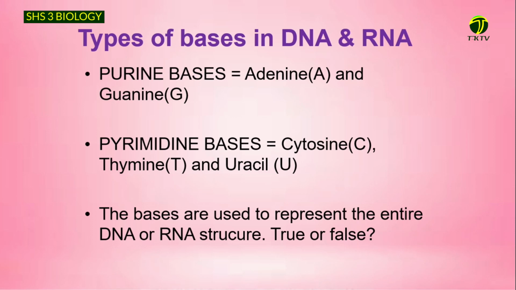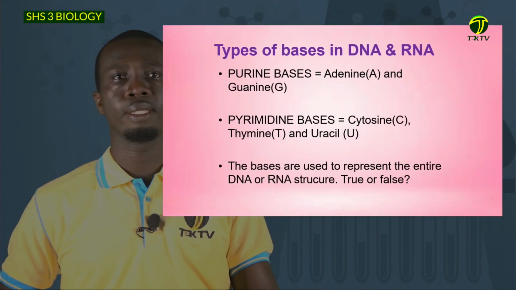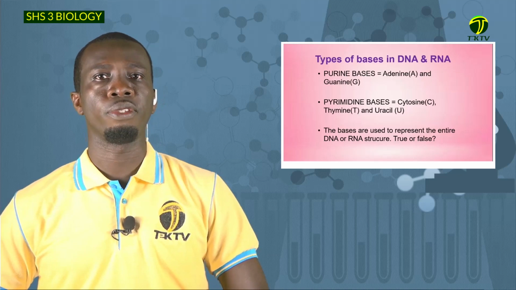So you see why we are putting the first letters in brackets, because the bases are where the differences between one nucleotide or one chain of a nucleic acid come from. So very soon, a DNA structure or an RNA structure can be represented by just the bases, because we believe that all of them are having sugars and they are all having phosphates.